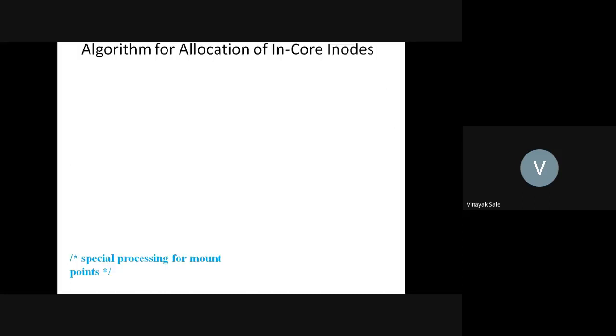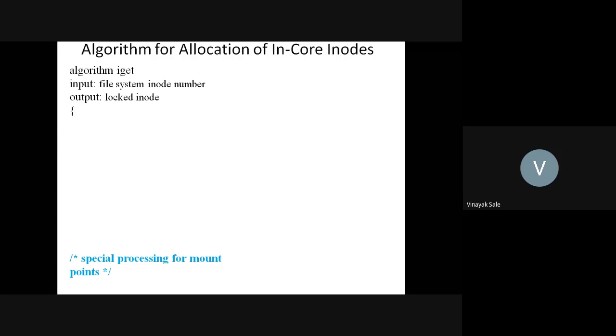We have seen the getblk algorithm for allocation of a block or buffer to a process. Similarly, here is the algorithm for allocation of in-core inodes. We see here the algorithm iget.